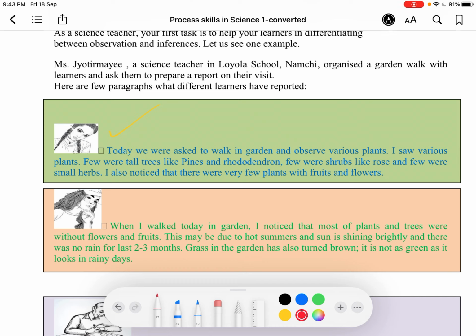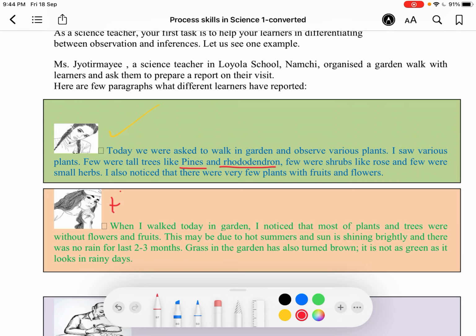I saw various plants. Few were tall trees like pines and rhododendron, few were shrubs like rose, and few were small herbs. I also noticed that there were very few plants with fruits and flowers.